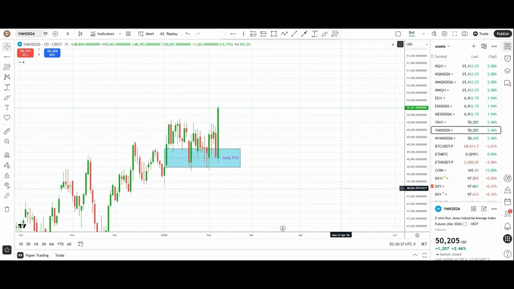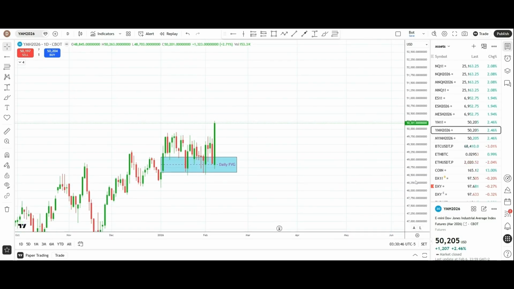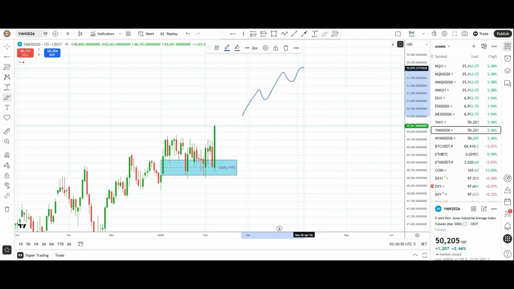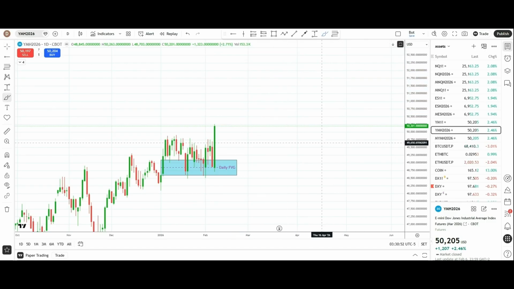I think this one is the clearest of these three indices, and probably here you can easily predict that we will move higher, and since we are in price discovery right now, you should be looking at round numbers, 51,000, 52,000, 53,000 as benchmarks of where the price can go.